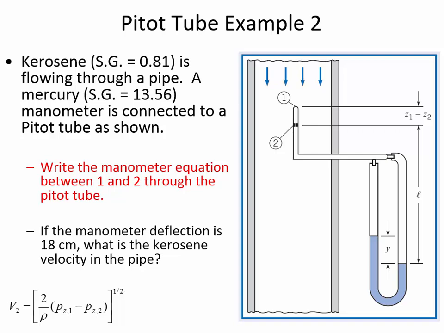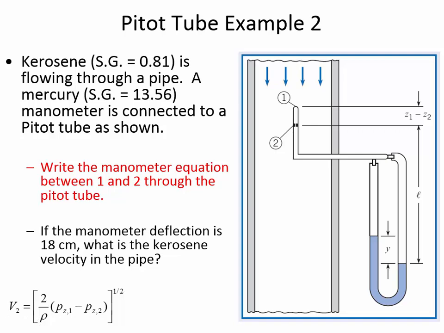And then there's less pressure on the left side of the mercury because that's connected to location 2, which is just looking at the flow from a sideways perspective where there is no additional pressure due to the velocity stopping.